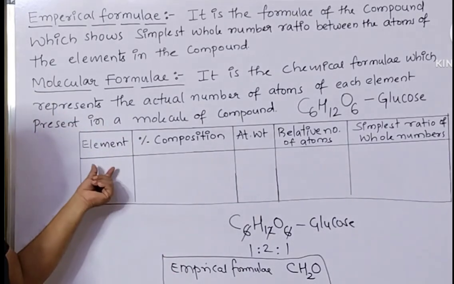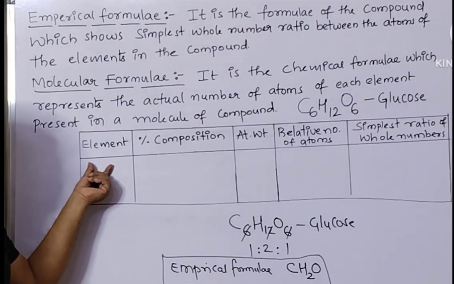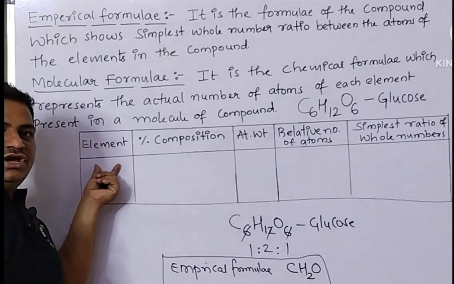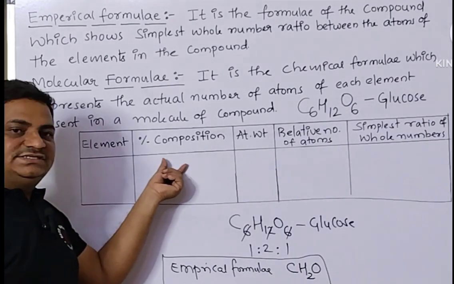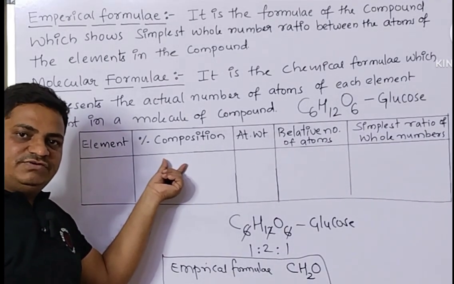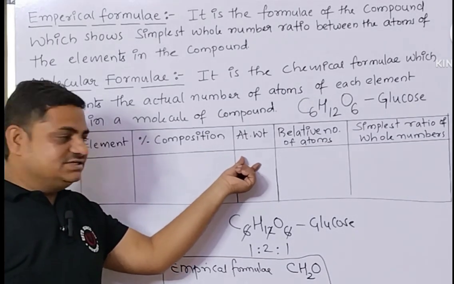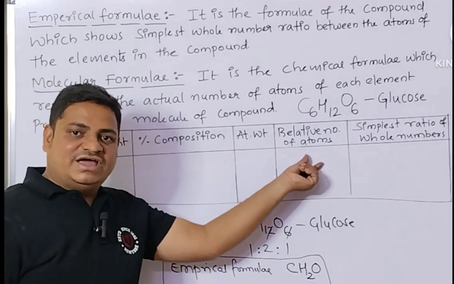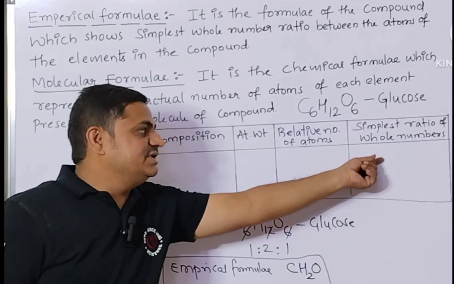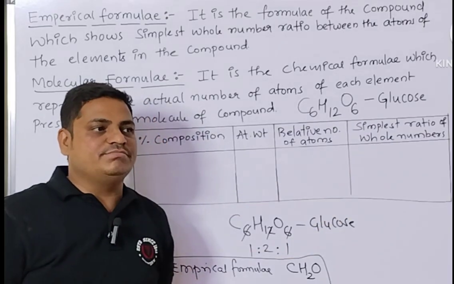In the first column you have to mention the element. Next, the percentage composition. In the question the atomic weight will be given, then the relative number of atoms, and the simplest ratio of whole numbers.